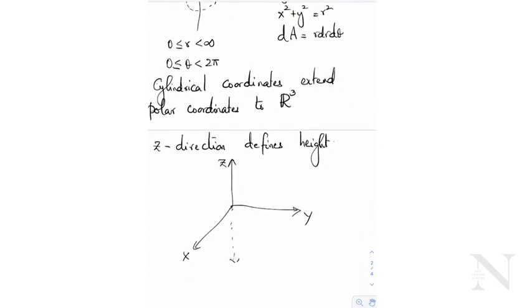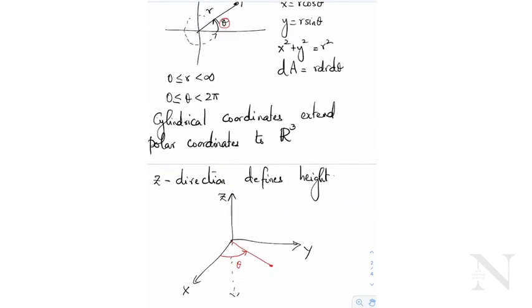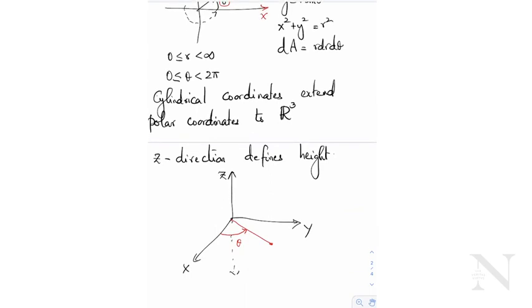So if you have a radial line here, then this is your theta. Everything should make sense. This was your x-axis there, and now theta is measured on the XY plane from the x-axis. So that is your point P. And then it gives some kind of height element here.